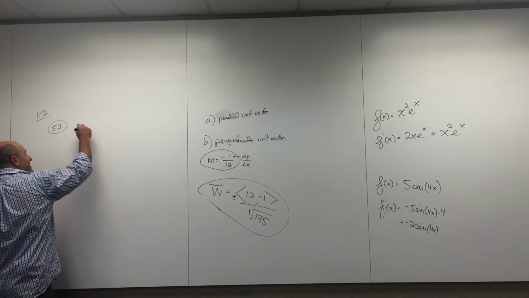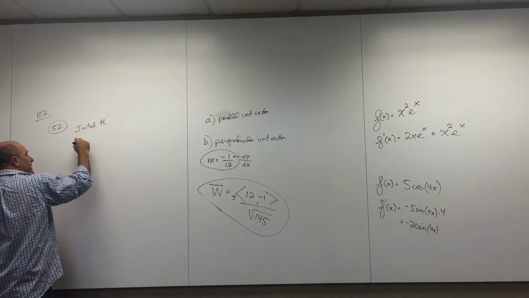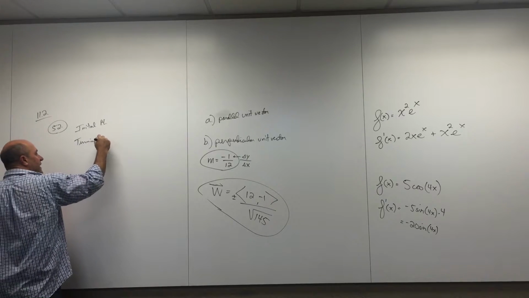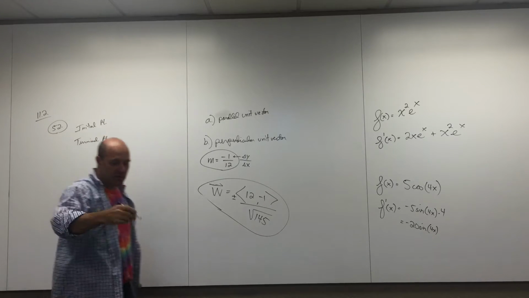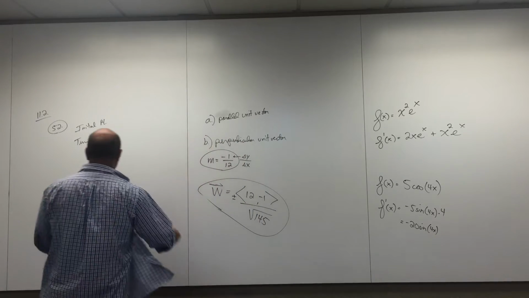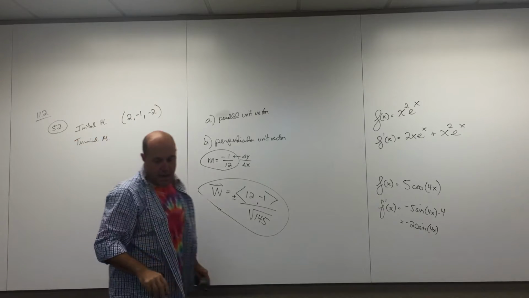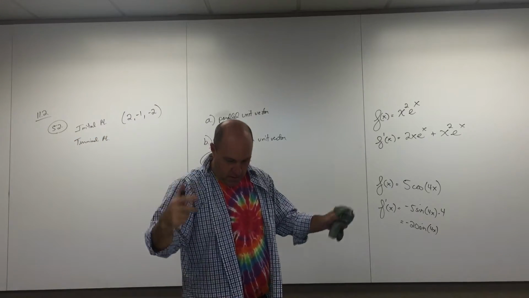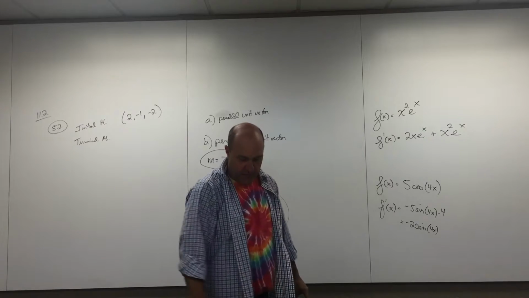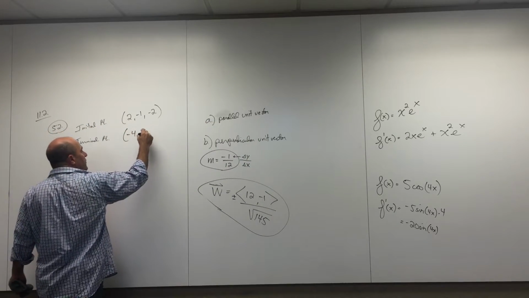I know what that means. That's where my vector starts and stops. The initial point is 2, -1, -2, and the terminal point is -4, 3, 7.